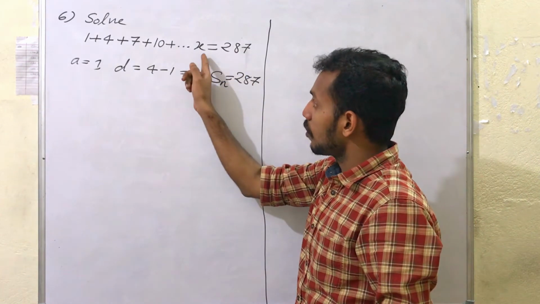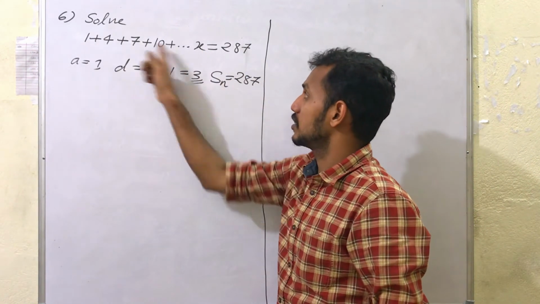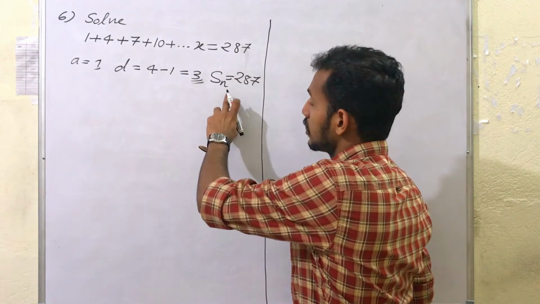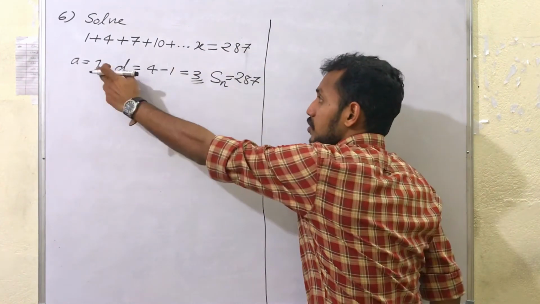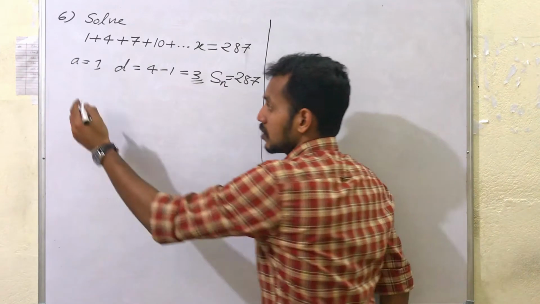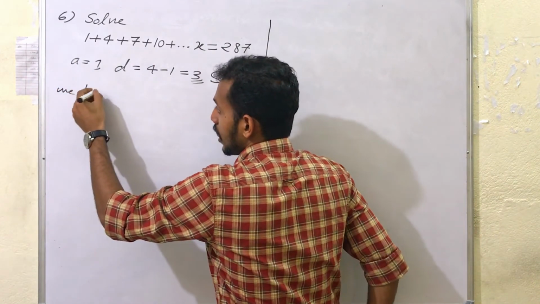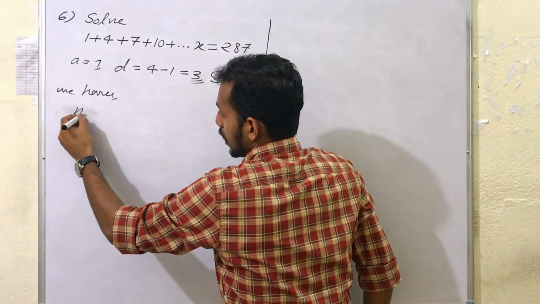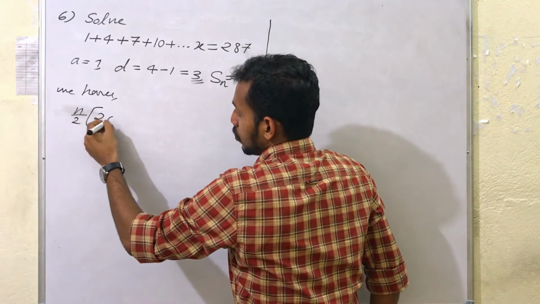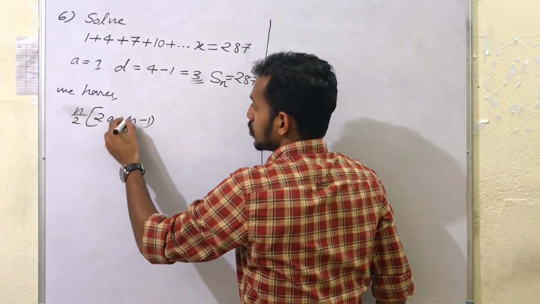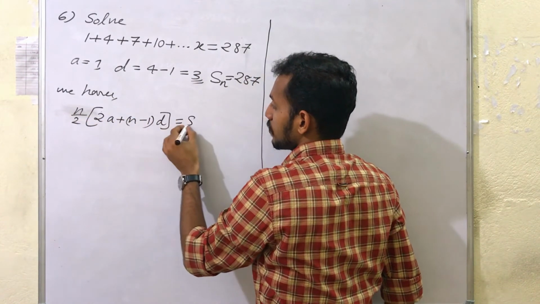To find the value of x, we need the number of terms in this series. So first we need to find n by using these three variables. We have n by 2 into (2a plus (n minus 1) into d) is equal to Sn.